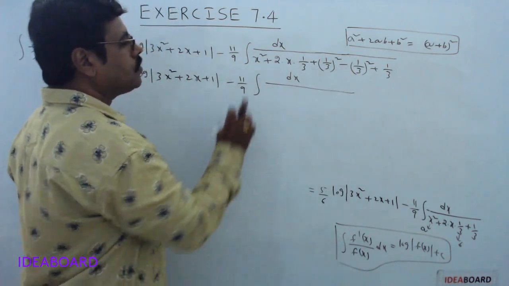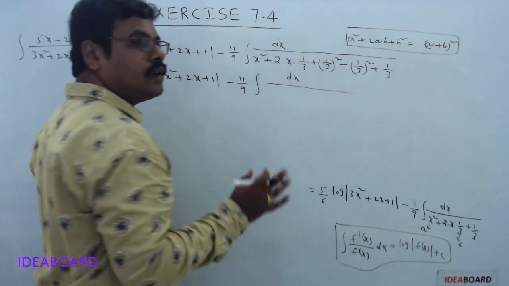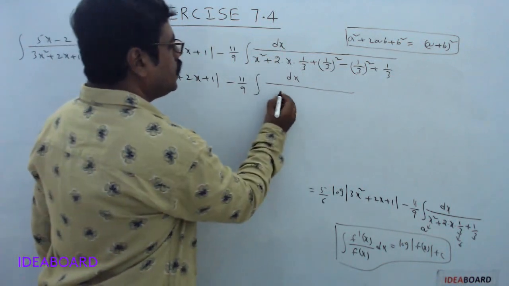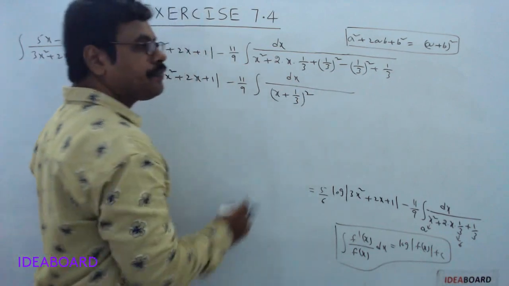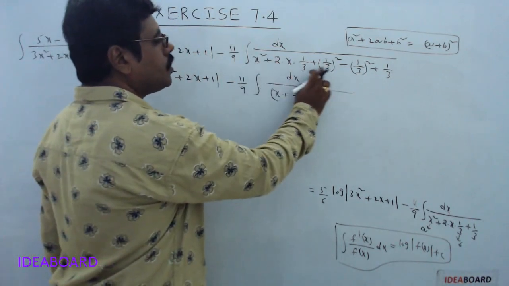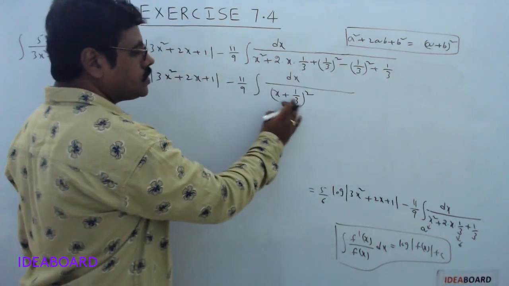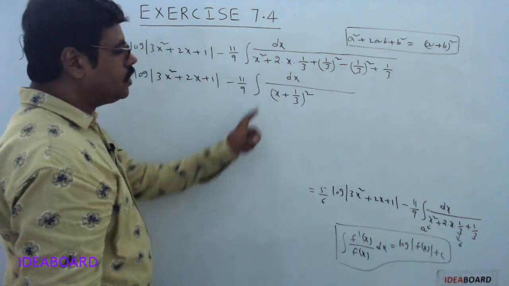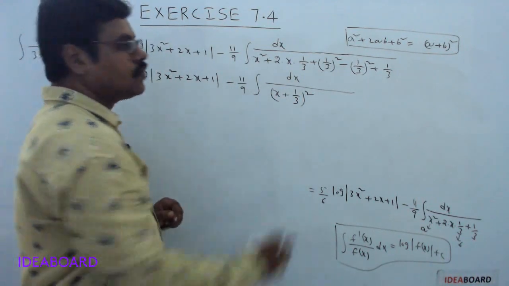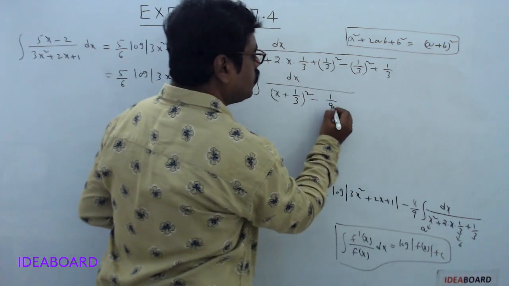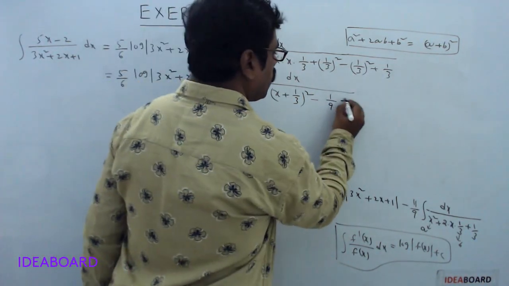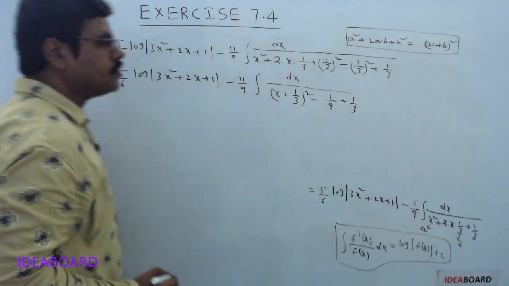The combination of these three terms can be taken as x plus 1 by 3 whole square, a square plus 2ab plus b square, that is a plus b whole square, x plus 1 by 3 whole square minus 1 by 3 whole square is 1 by 9 plus 1 by 3.